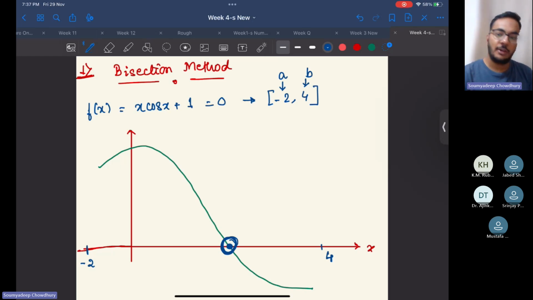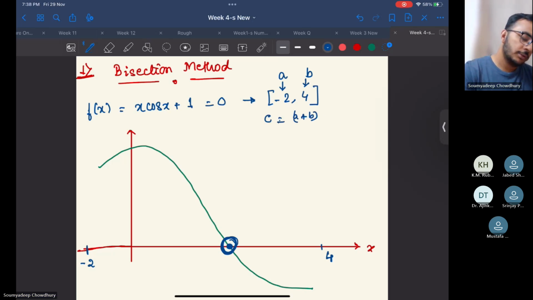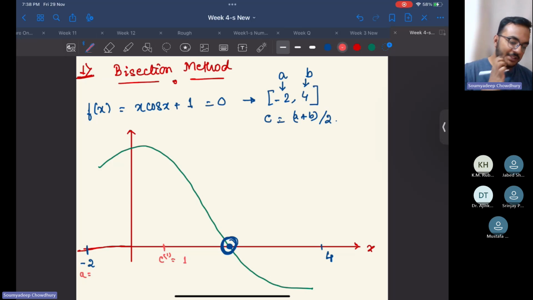If we take the average of the upper limit and the lower limit, c is a plus b by 2, so that is basically 1, right? 4 minus 2 is 2, 2 by 2 is 1. So here somewhere we will get c. This is a, this is c at the first iteration. It is basically 1. So once we get c here, we will draw a line vertical to the y-axis till it intersects the graph. Okay.